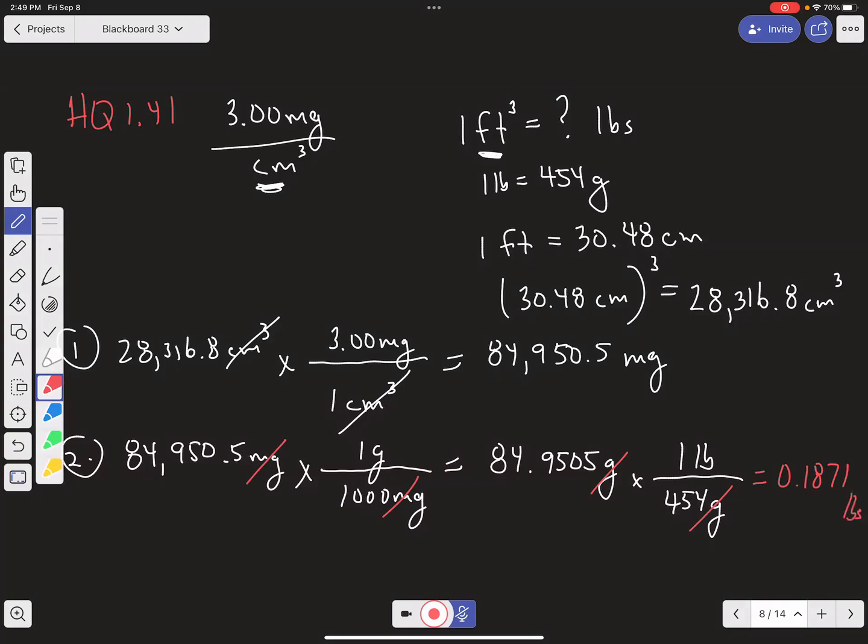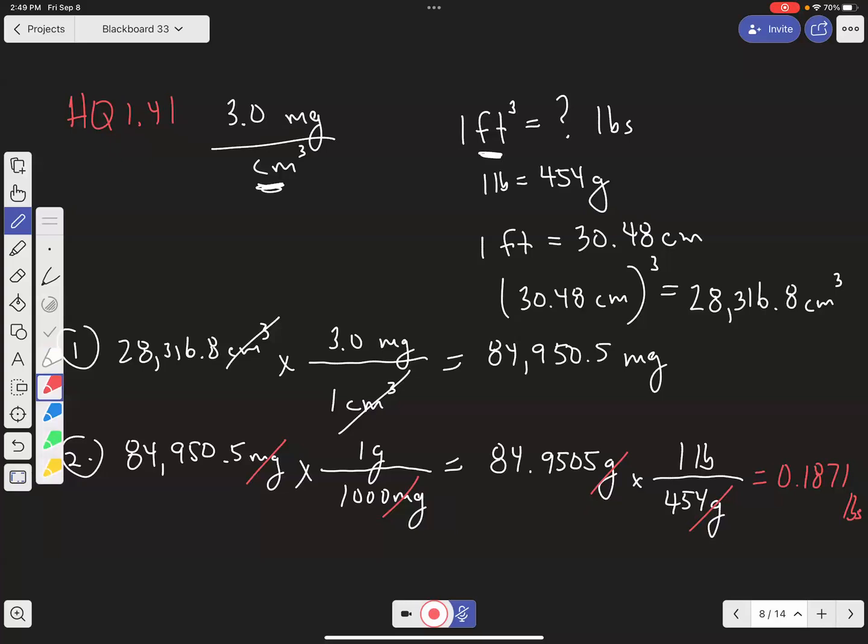pounds. How many significant figures should we have in that answer? Two significant figures. I added an extra significant figure in the density. It should just be 3.0 for the density.